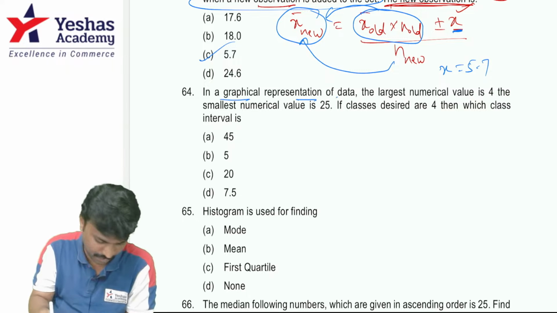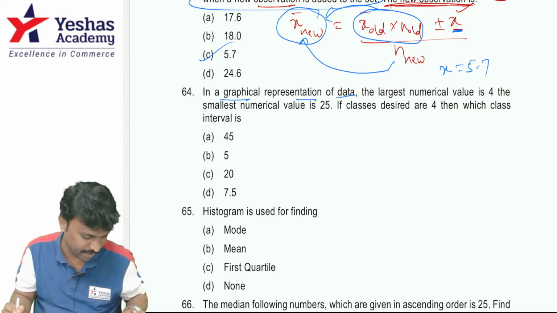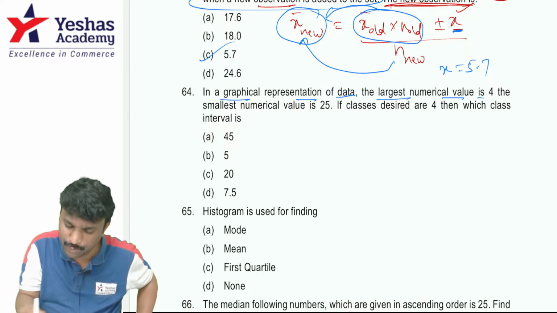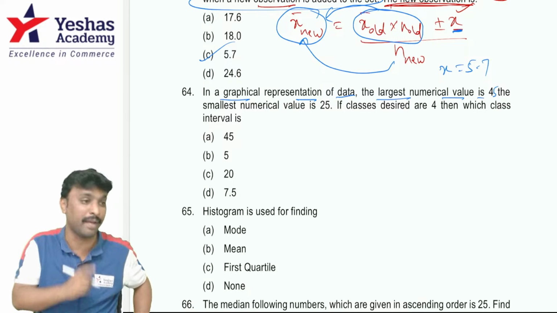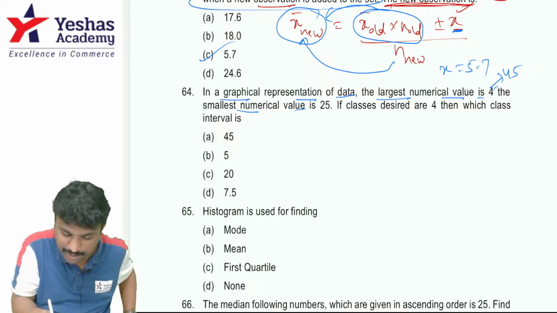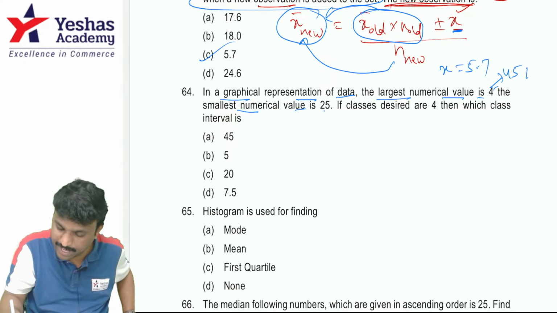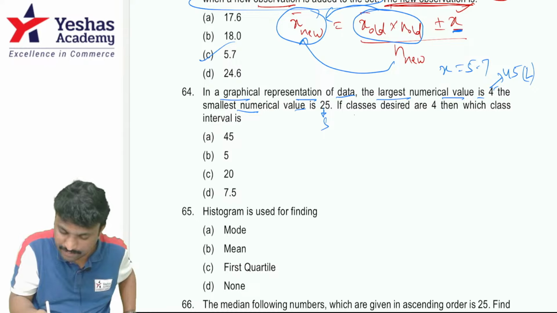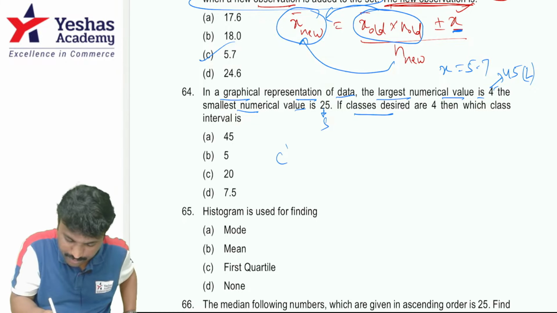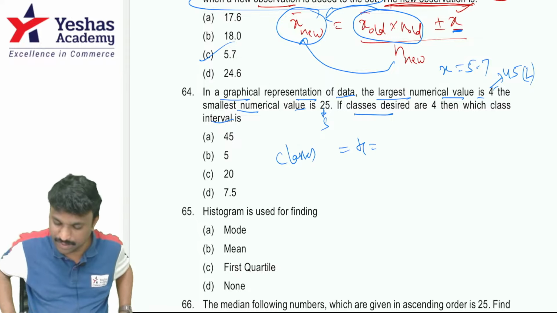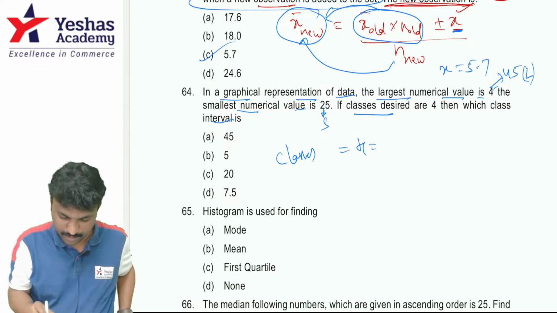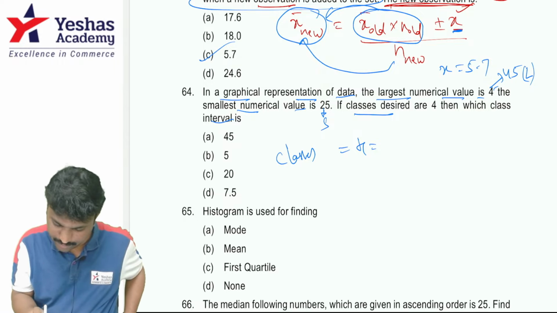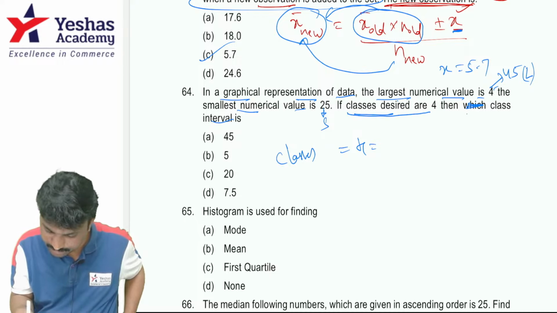In a graphical representation of data, the largest numerical value is, it's not 40, it is 45. The largest numerical value is 45. The smallest numerical value is 25. This is L and this is S. If the classes desired are 4, classes is equal to 4. We are asked to find the width of the class.